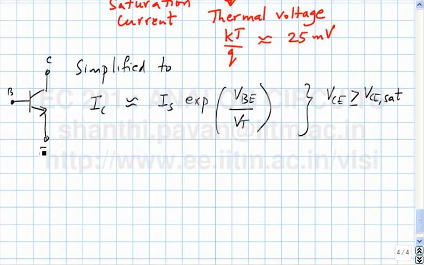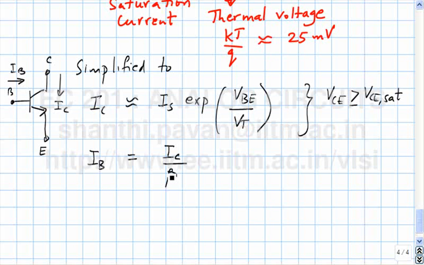It turns out, unfortunately, that unlike in the MOS transistor where the gate current was 0, there is a base current IB, which is IC by some number beta. Ideally, this beta is supposed to be a very, very large number, so in principle the input current also is supposed to be very, very small.